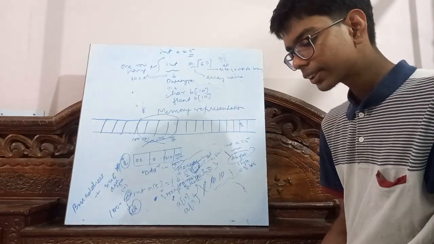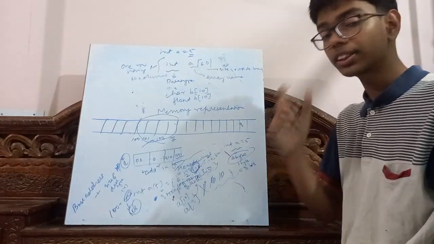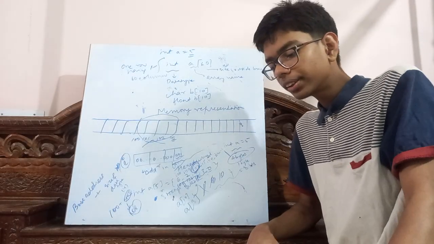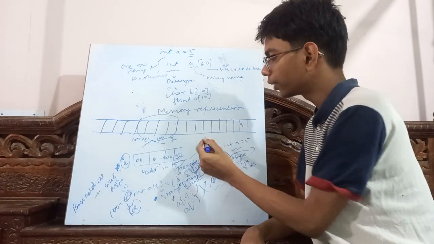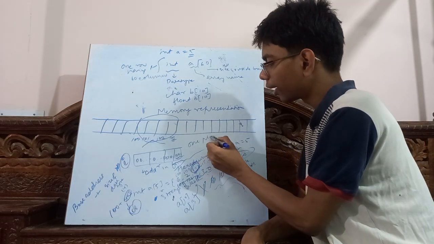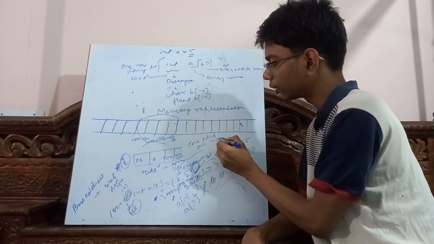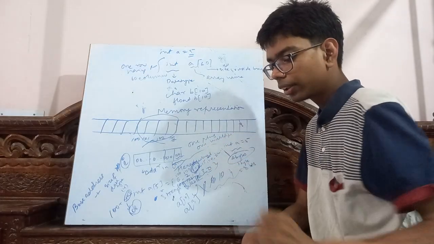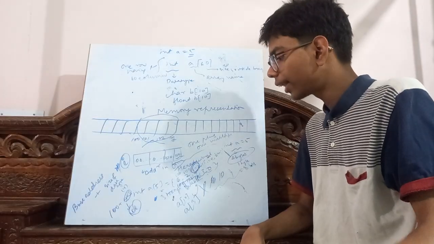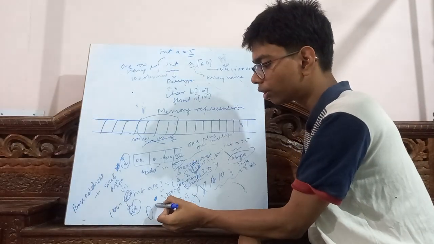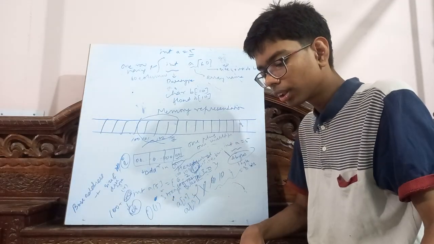This data is accessed in constant time, because I have operated only one addition and one multiplication. That's why it is accessed in constant time, and the time taken will be of order 1.